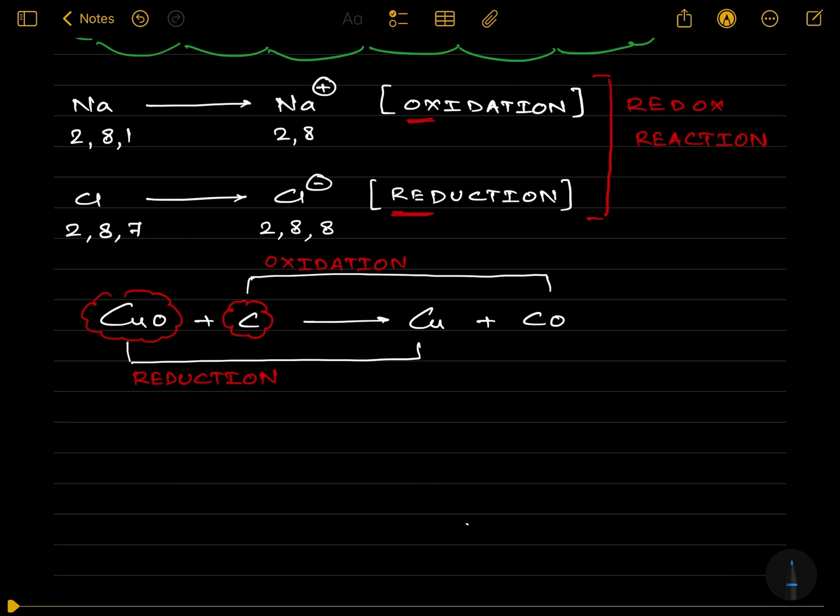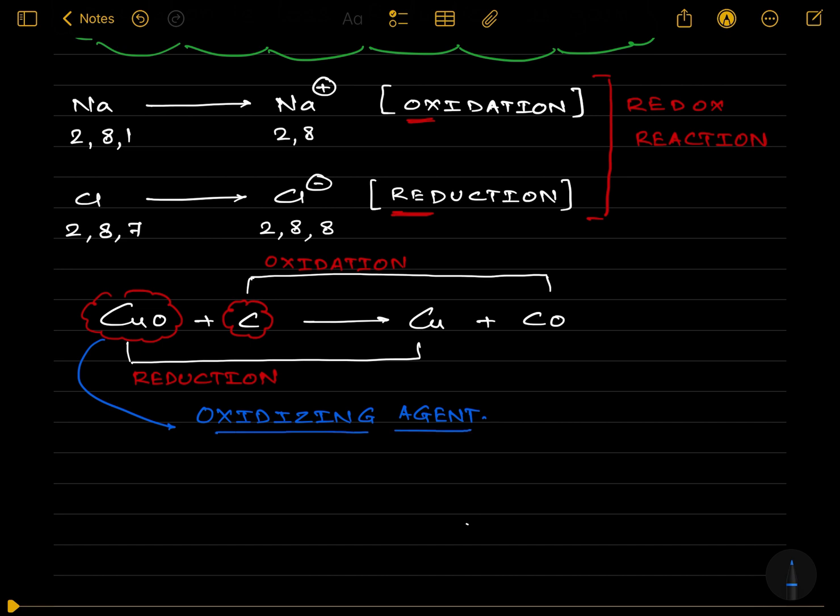Similarly, because carbon was there to take the oxygen atom, CuO donated its oxygen and got converted to copper. So we would say that CuO, which is undergoing reduction, is behaving like an oxidizing agent. Why is it behaving like an oxidizing agent?